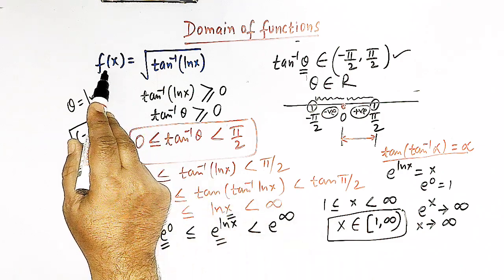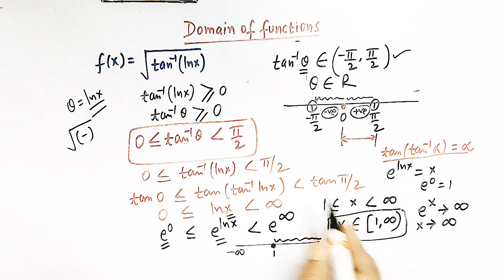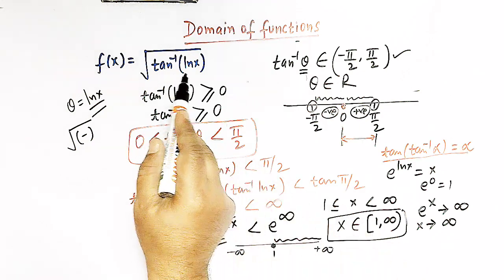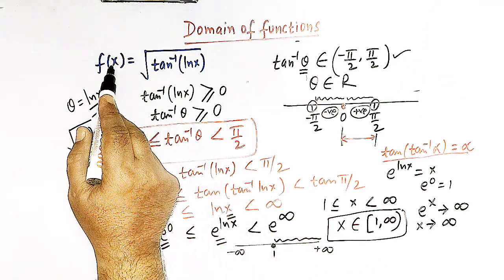On the real number line, this is minus infinity, this is plus infinity, and here we have 1. This is our domain, including the point x equal to 1, and it can be verified by substituting x equal to 1 in the function.